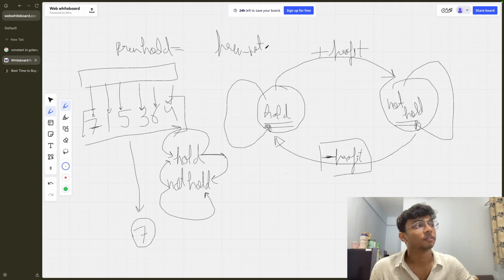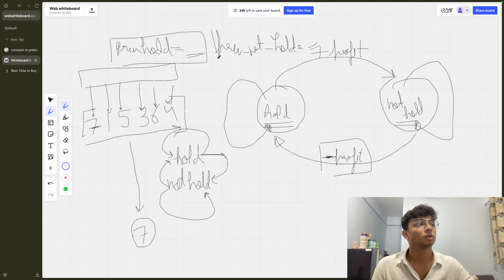We also have to initialize them to a particular value. The initialization will make sense once we understand the whole problem, so we can discuss it later. But for now, you can think that these two things hold the maximum profit you can earn till now by holding a stock or by not holding a stock.